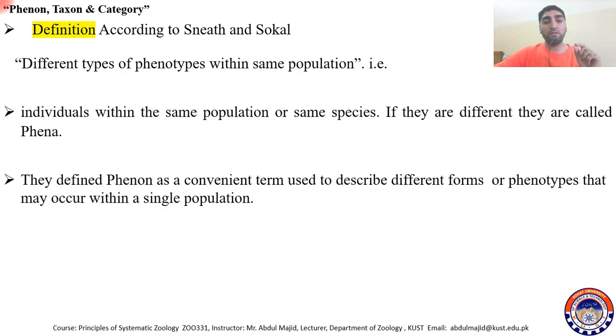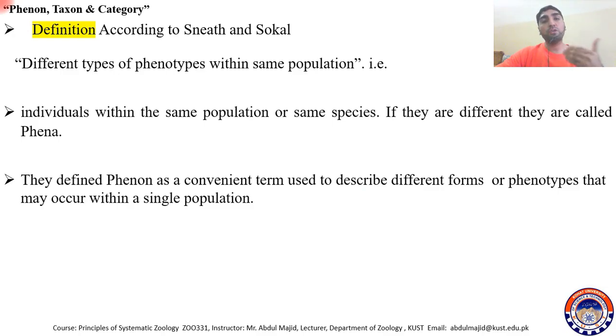Now, they defined phenon as a convenient term used to describe different forms or phenotypes that may occur within a single population. So actually, Sneath and Sokal used this term phena to conveniently explain the different forms or the different phenotypes or different morphological shapes in a population.